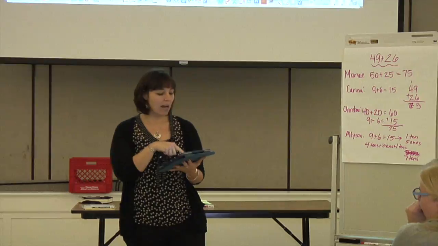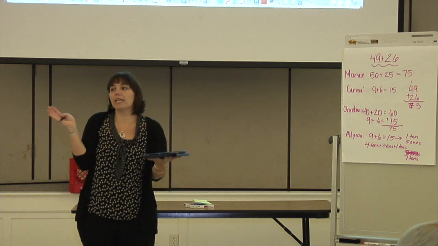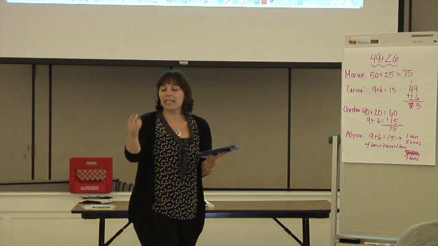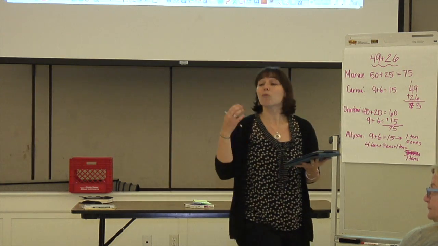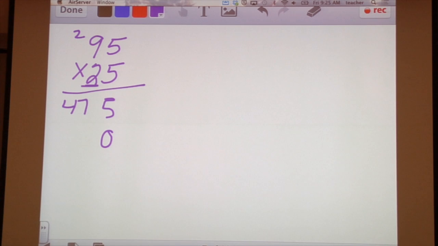But can somebody tell me why we're putting a 0 into that place, aside from it's a placeholder? Multiplying by 10. Right, so now we're multiplying by the 10s. This 2 isn't a 2, it's not 2 1s, it's 2 10s. So now we're starting in the 10s column. And that's why we put in that super 0.